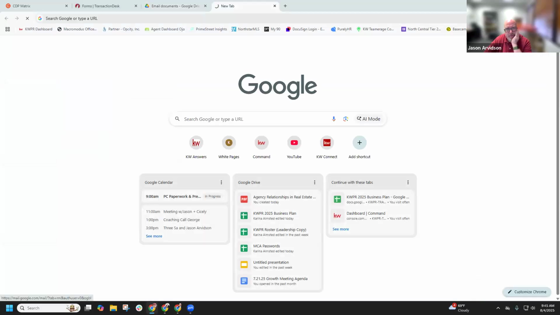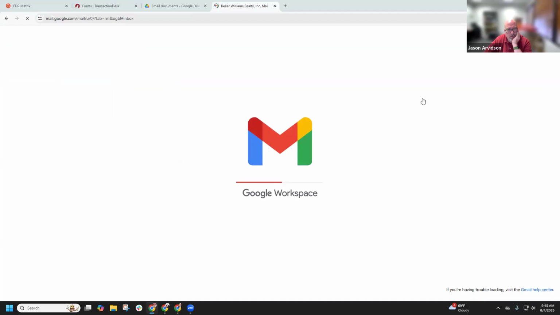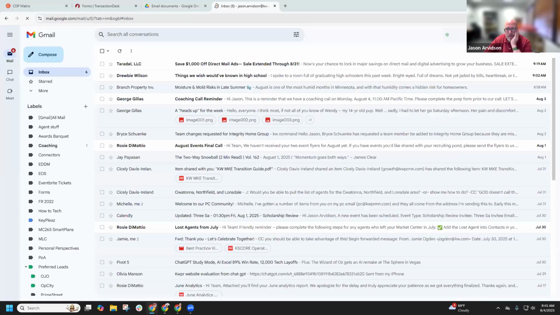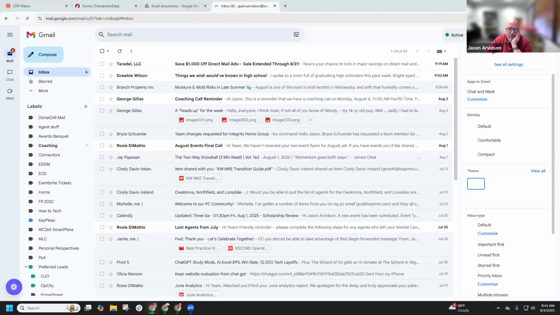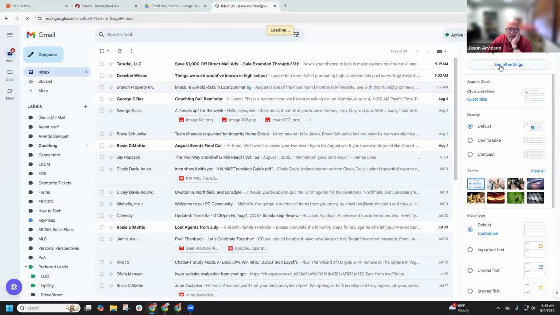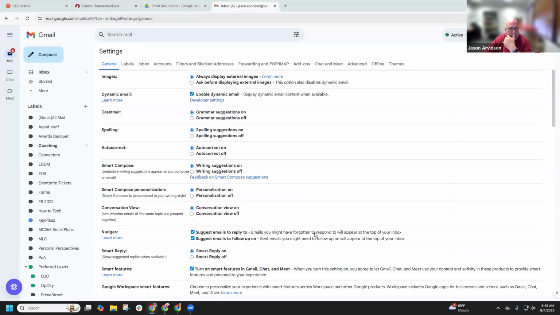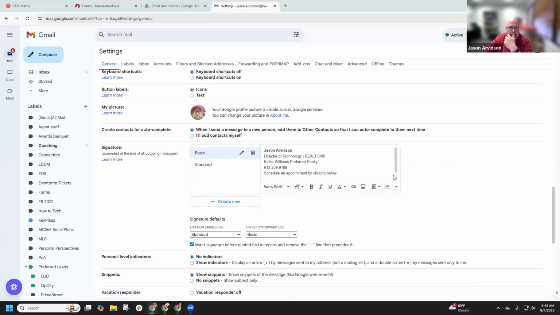I can go to Gmail, into my settings. Have a faster computer, by the way, it'll make you happier. Go and see all settings. You can add that into your signature down here.